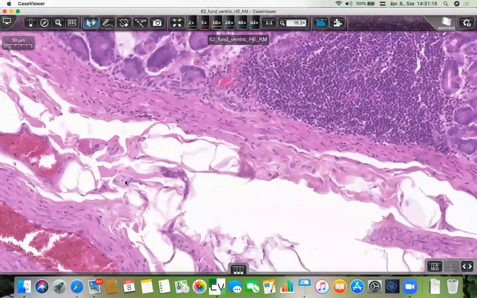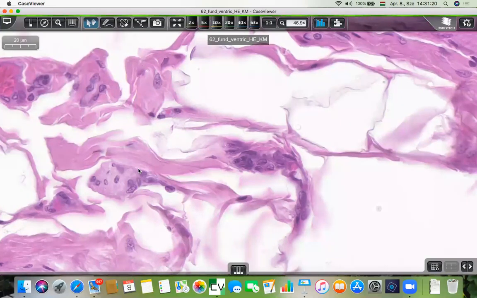Here we have this. That's the one. It's quite similar to the myenteric plexus, having unmyelinated nerve fibers and parasympathetic ganglionic cells.